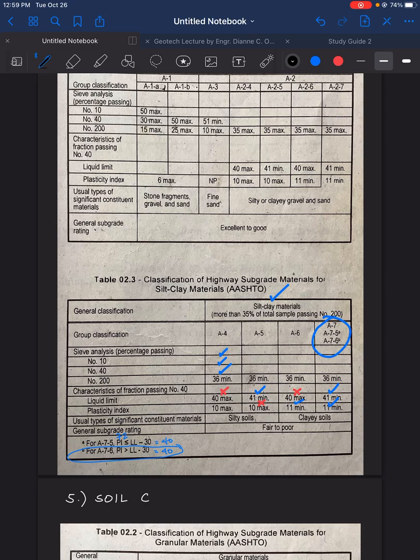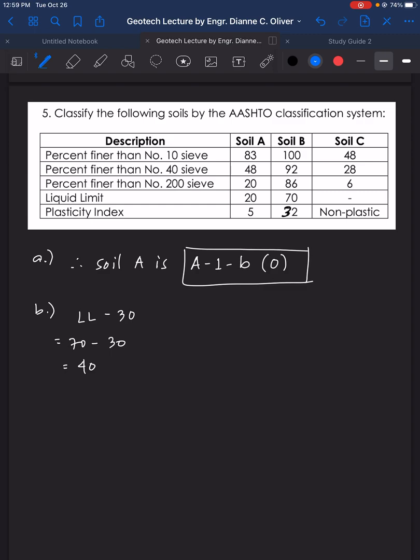Okay. So if it is 32, then LL minus 30 equals 40, then this is 32, therefore 32 is less than 40. So therefore the soil is A-7-5.